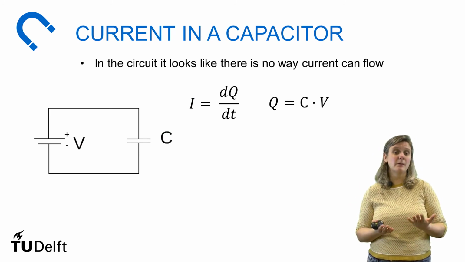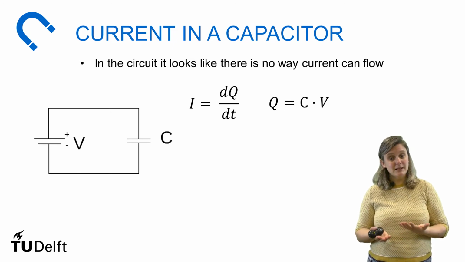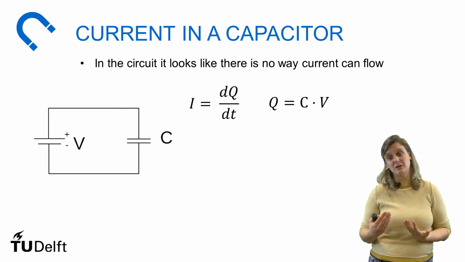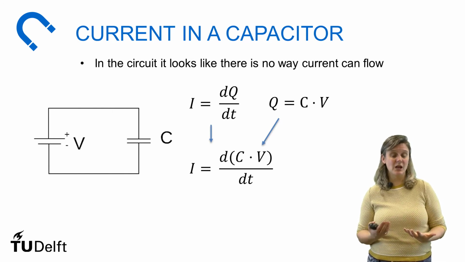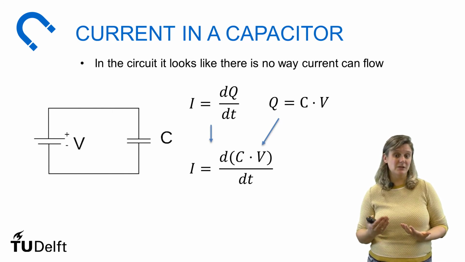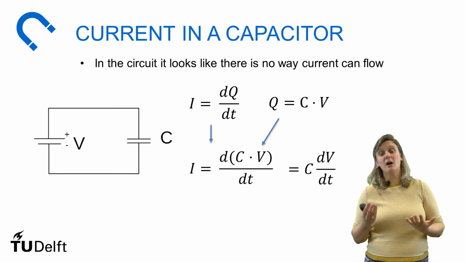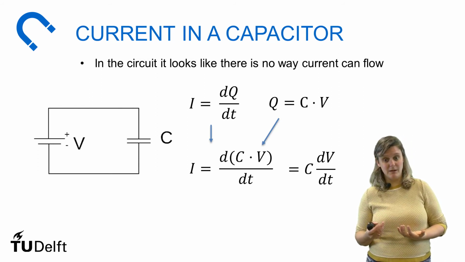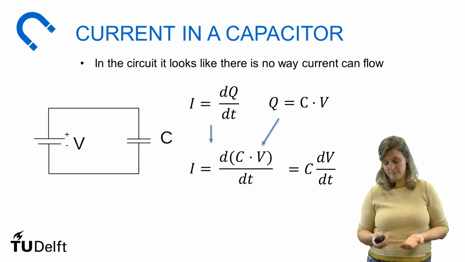So now we put a capacitor in a current. You would think that if you put a capacitor in a current, you stop the flow, because that's what we saw before. But that's not really true. Imagine we have a current, which is our change of charge over time, and we know that our charge is our capacitance times our voltage. We can put the two together, and what we see is that our current is our capacitance times the derivative of the potential over time, I = C dV/dt, because the capacitance is not time dependent.